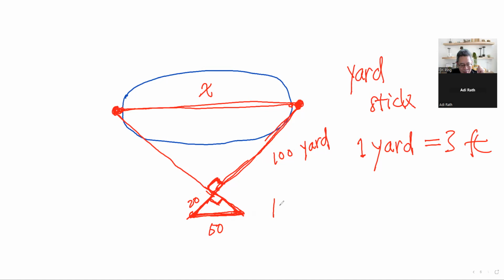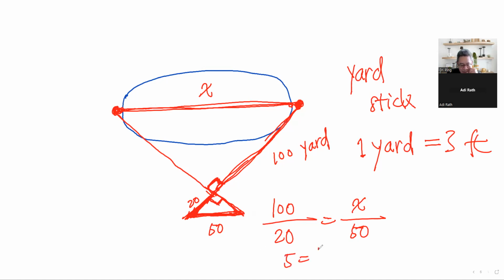So therefore 100 yards over this, because this corresponds to this line, and this corresponds to this line, over 20, should be the same as X over 50. Now 100 over 20 just gives us 5. And so therefore X would be 5 times 50, which is 250 yards.